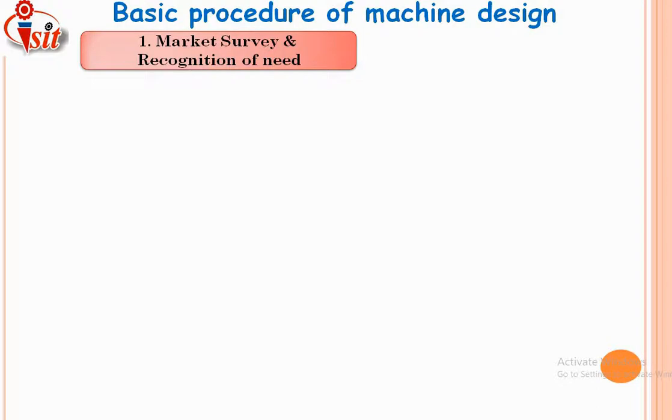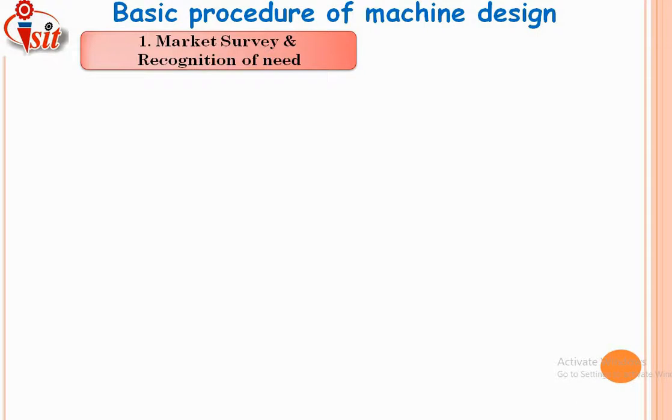The first and foremost step of the basic procedure of machine design is market survey and recognition of need. It is very important to understand the need behind designing any component. That means, first of all, we have to make a complete statement of the problem.